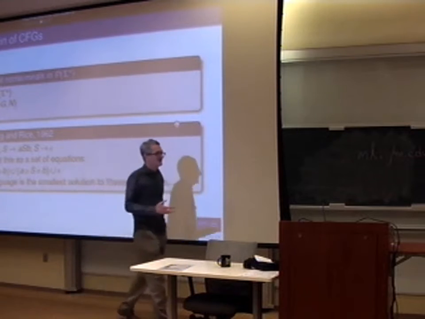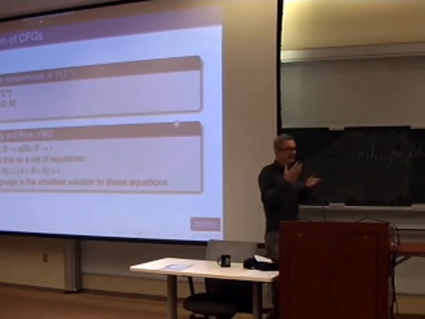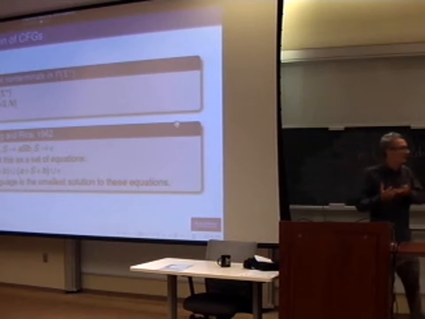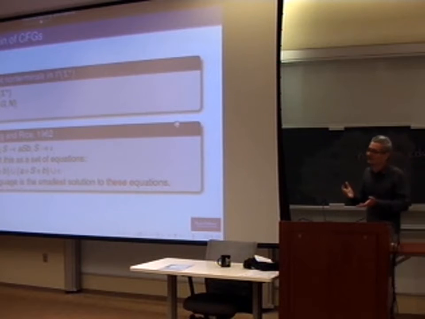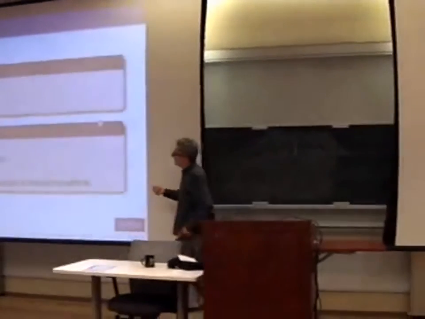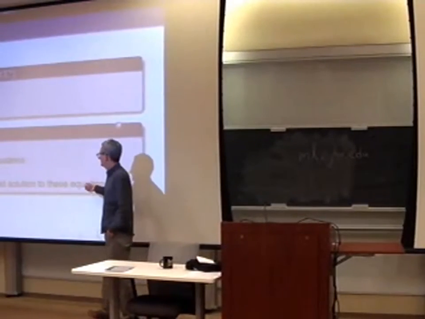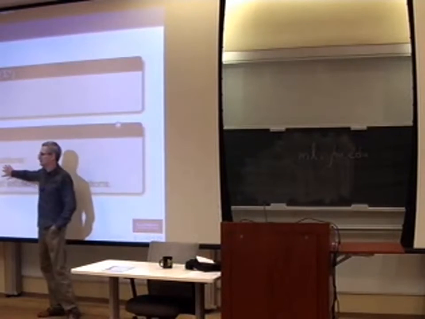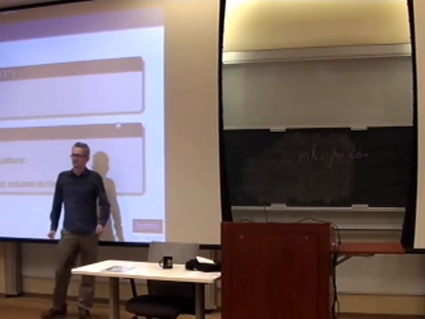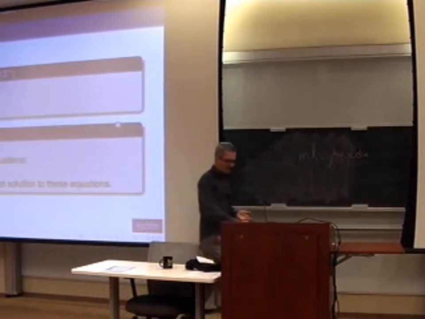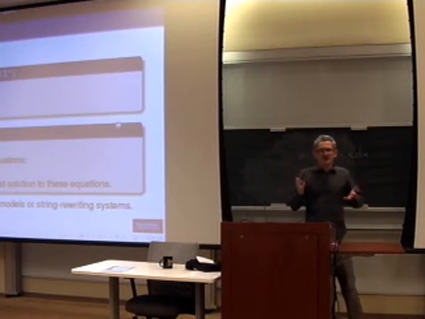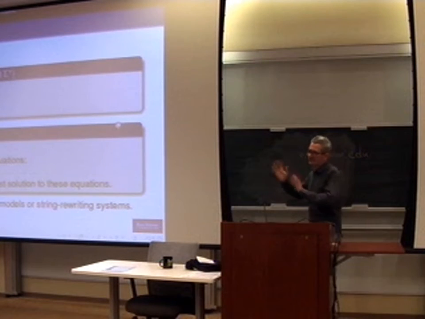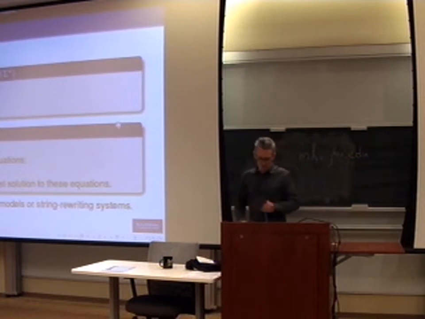It's fairly easy to see that we can convert any context-free grammar with n non-terminals into a set of n equations, and the language generated by it is going to be, in a sense, the smallest solution to this set of equations. Okay, so this is an alternative to the standard ways of viewing context-free grammars, but it's in every way equivalent.